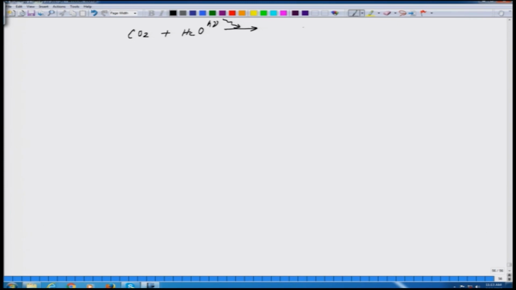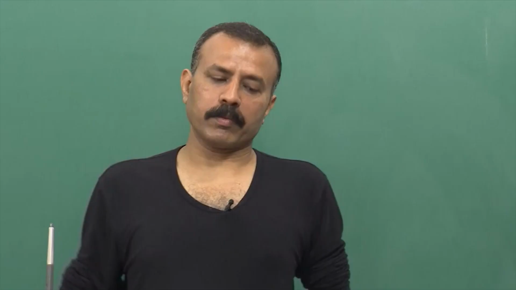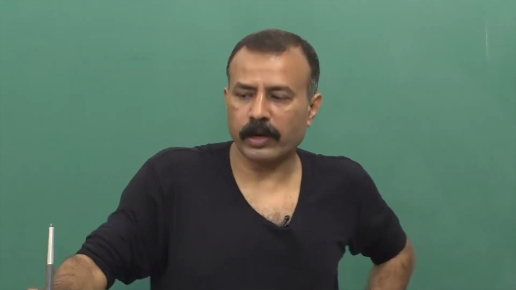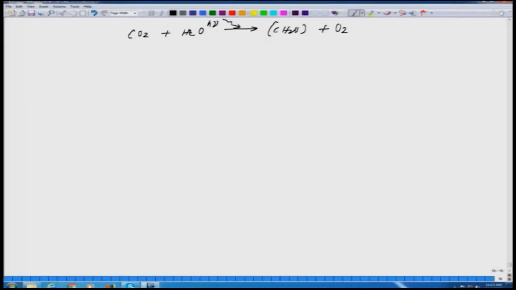And what we are talking about is CH2O plus oxygen. Now, the question which was posed was how oxygen is getting evolved. Is it coming from carbon dioxide or from water? Again, look at the reaction carefully, and you will realize what I am trying to ask you.